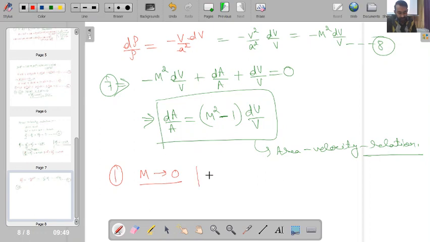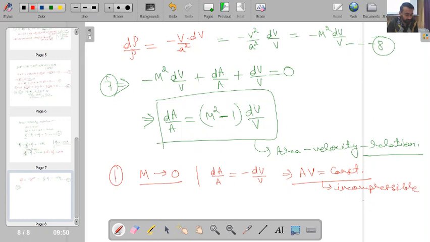Corresponding to that, I find dA by A equal to minus dV by V. If I do integration, this relation becomes A into V equal to constant. This is fundamentally my continuity equation for incompressible flow. Fine. You see the combination.